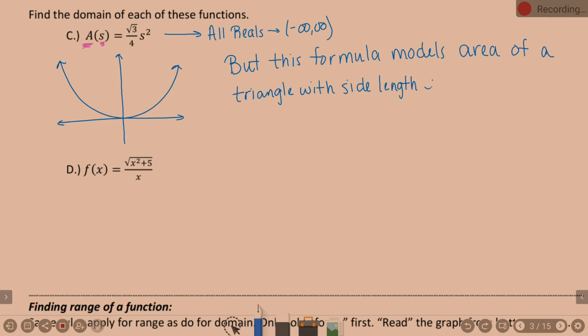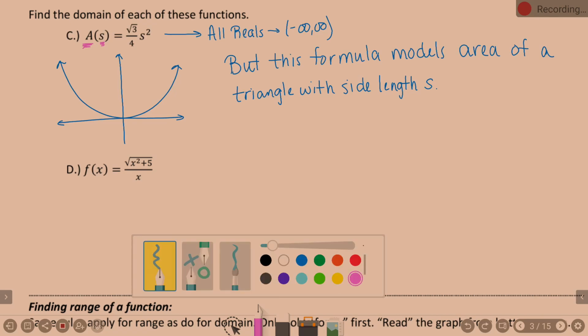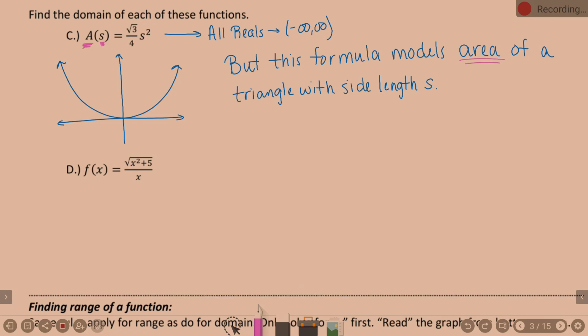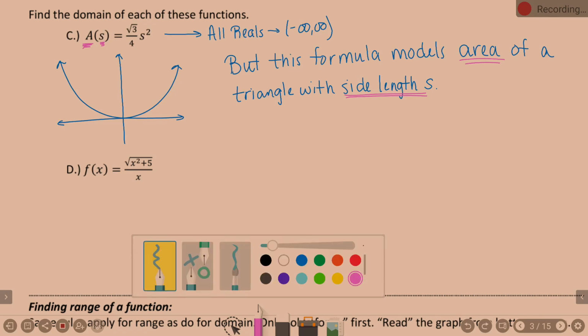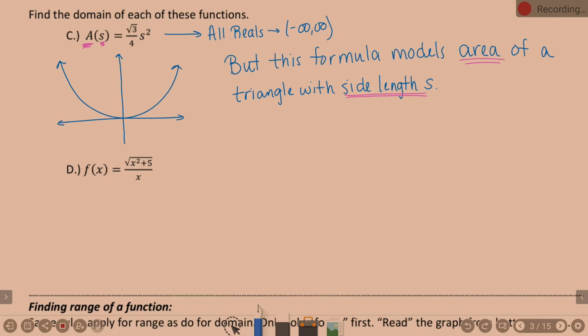Okay. So key pieces there. We're talking about it being area and side length s. With that in mind, how am I going to restate my domain?